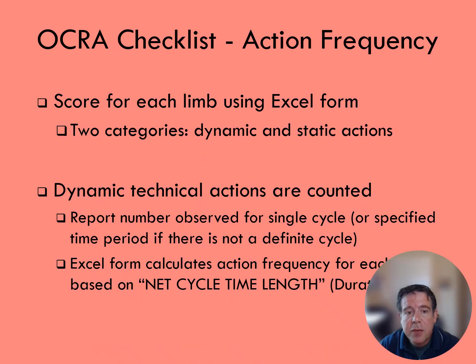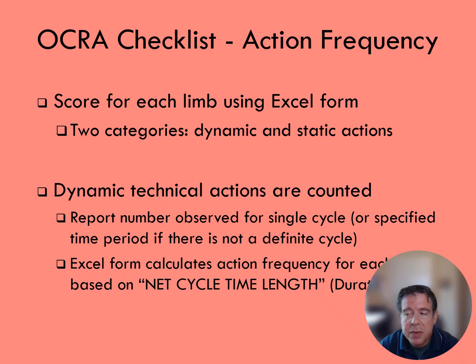So part of that frequency, they divided it up into two categories. Remember, static, you're more compromised because you're not getting that blood flow, as well as the waste products are not leaving. So of the two, usually static is more injury prone.